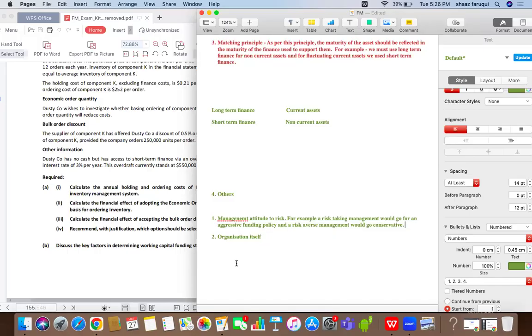So, Anu, again, you put what it is. Put what it is means say that the attitude towards risk is different from company to company to a great extent, depending on the management. This is the fact.